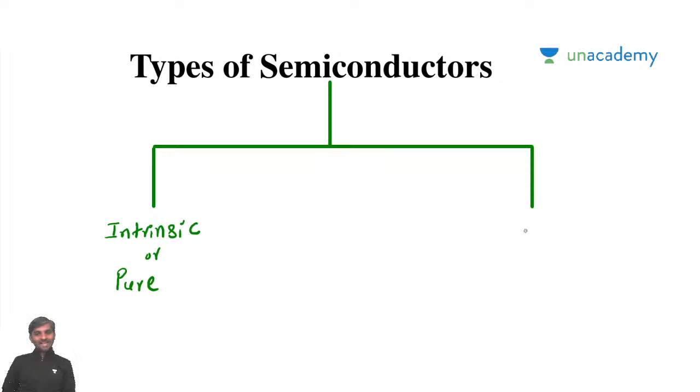Next is called extrinsic semiconductor. Many students will be confused with the names intrinsic and extrinsic. Just wait for 2 minutes and I'll clarify your doubt. You will never forget it in your life. What do you mean by intrinsic? What do you mean by extrinsic?